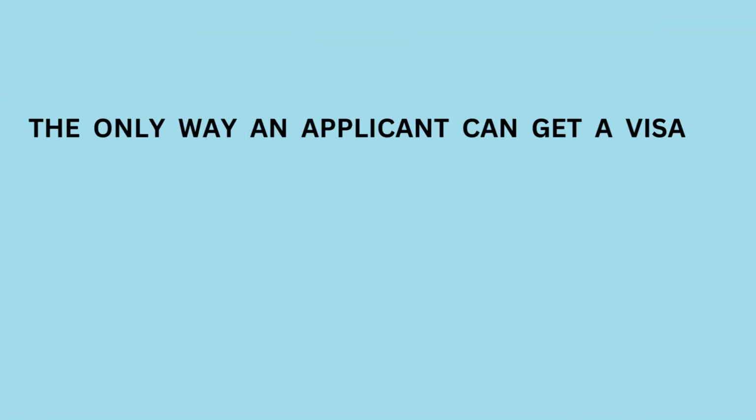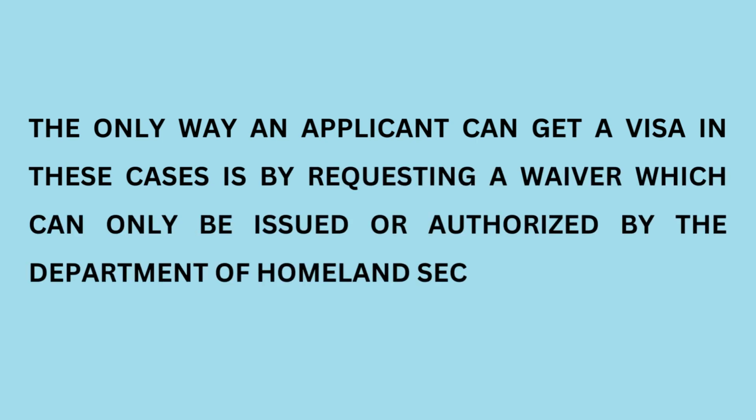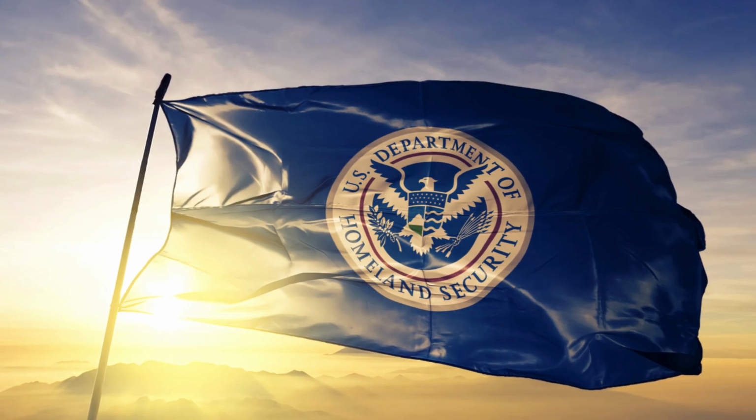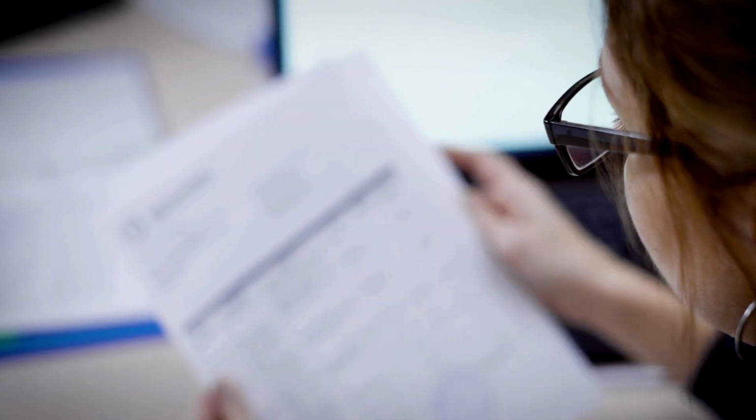The only way an applicant can get a visa in these situations is by requesting a waiver, which can only be issued or authorized by the Department of Homeland Security in the US. The Immigration and Nationality Act contains provisions that may allow a visa applicant who was denied a visa for a particular ineligibility to apply for a waiver of that ineligibility.